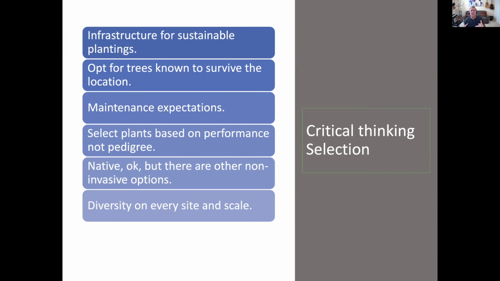And oftentimes engineers and contractors and planners aren't as well versed in understanding the impacts of diversity and pest issues and maintenance expectations as are the urban foresters and the landscape managers and the arborists.